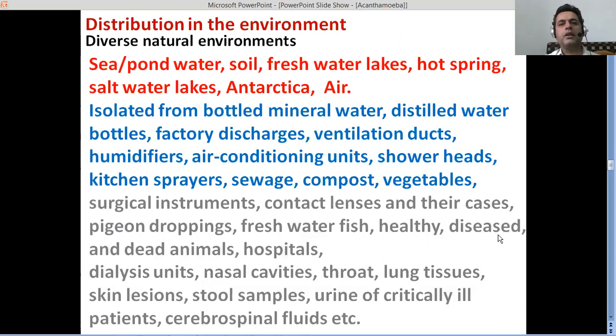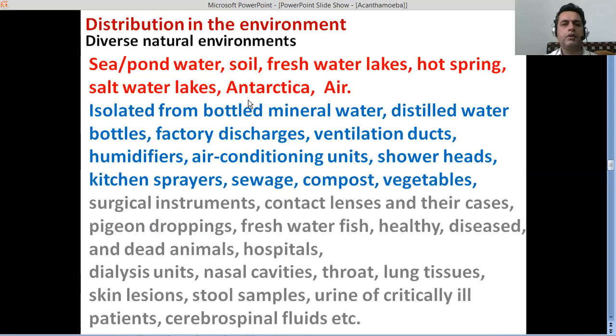And this is the slide that I wanted to show you. Distribution of this particular parasite in the environment. It is found in diverse natural environments. You just look at these different environments. I have not listed all, but sea and pond water, soil, freshwater lakes, hot springs, saltwater lakes, Antarctica.